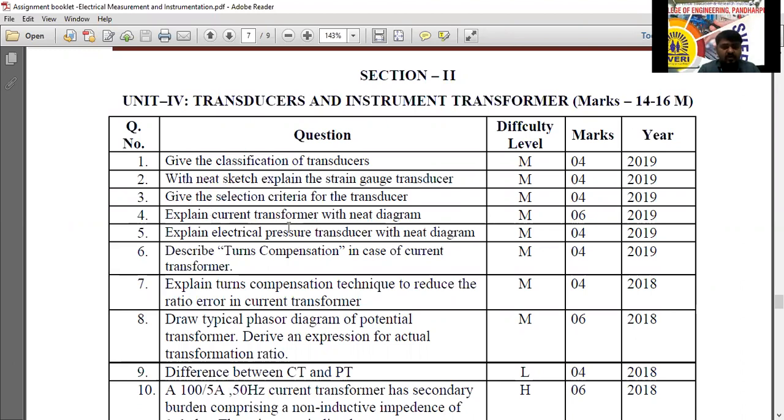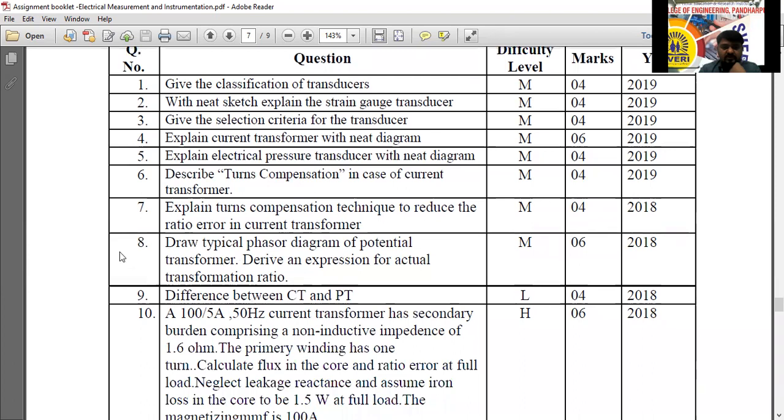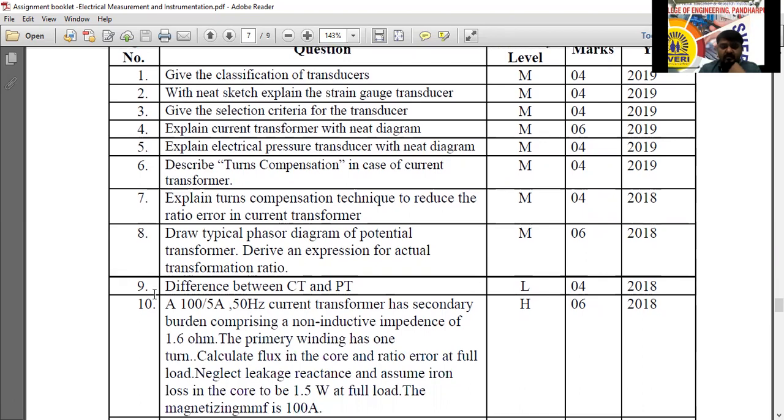Explain current transformer with neat diagram. Question number 4, you take down. Turns compensation, reduce the ratio error, phasor diagram. Question number 8, you take down. Question number 9. 1, 4, 8, 9.